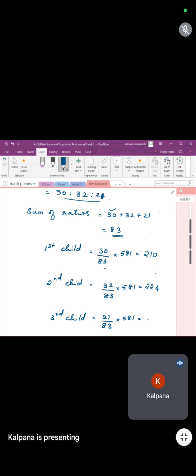Please add and check whether you're getting the answer right. When you add all these three amounts, you should get 581. And the next answer is 147. You can check and see whether you're getting 581. So this is how the amount has been divided among three children when it is given in ratio form.